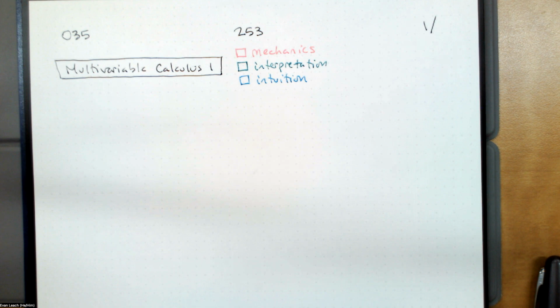So the good news is, of these three, we already have mechanics, and that's what I want to talk about today. I want to remind you that you know how to do lots of stuff. That's Calc 3 stuff that you've already been doing. So let's think about taking derivatives.